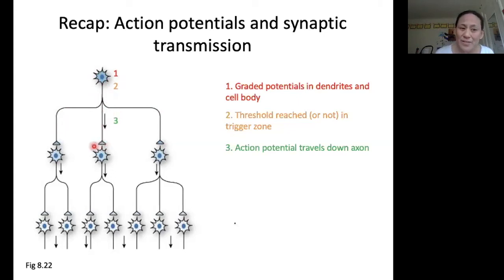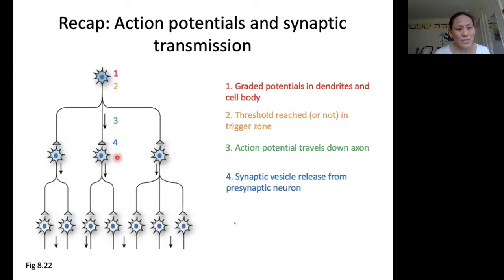Once that action potential gets to the axon terminal of that neuron, we're going to get synaptic transmission, right? So we're going to open our calcium channels. Calcium is going to trigger exocytosis of neurotransmitter, okay? So that's what happens here. Synaptic vesicle release, really it should say neurotransmitter release from the presynaptic neuron.